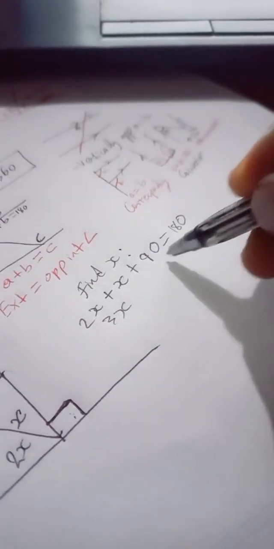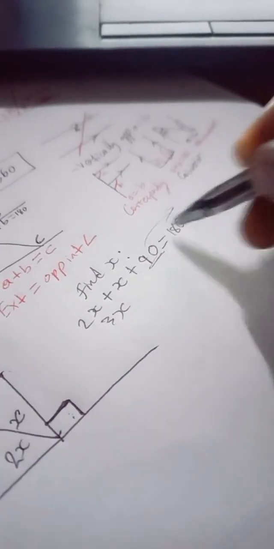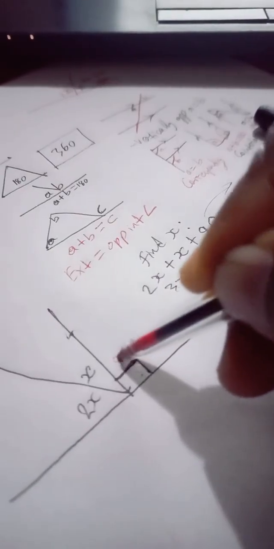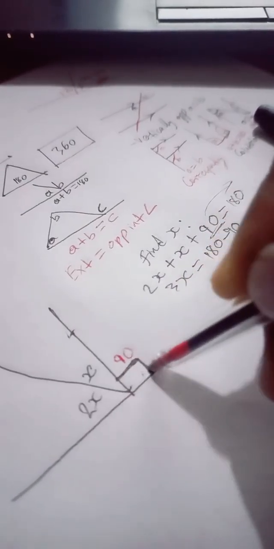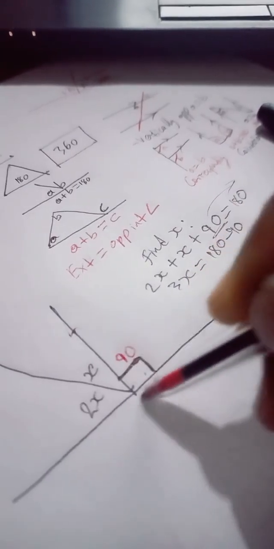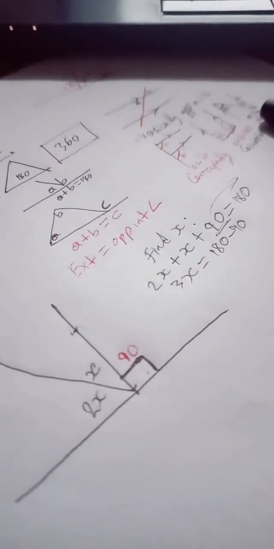So from there, what do we do? 3x, right? Our 90 goes the other side, is equal to 180 minus 90, which is 90. This sign shows that this is a 90 degrees angle.